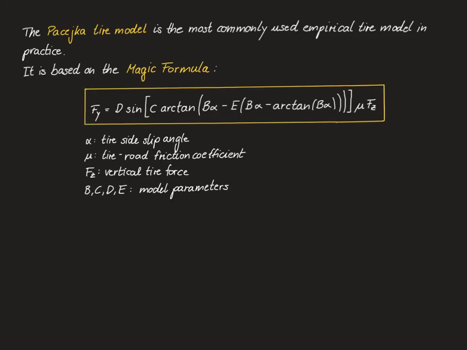The model is based on the magic formula, which is this expression that gives the lateral tire force in dependence on the slip angle, alpha, the tire road friction coefficient, the vertical tire force Fz, and a total of 4 constants B, C, D, and E. This formula cannot be derived from any first principles or anything, and that's why it's called the magic formula.